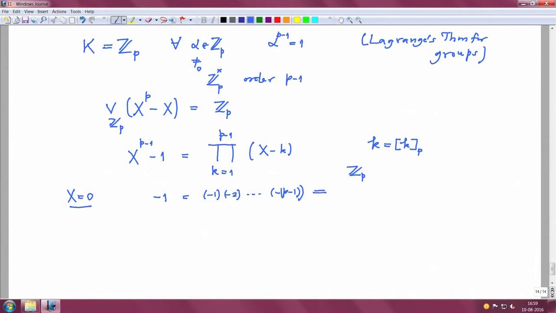This equality is a congruence modulo p. This is something famous. How many times is this minus 1 coming? An even number of times, because p is a prime number. So this is the same as minus 1 being congruent to (p minus 1) factorial modulo p.